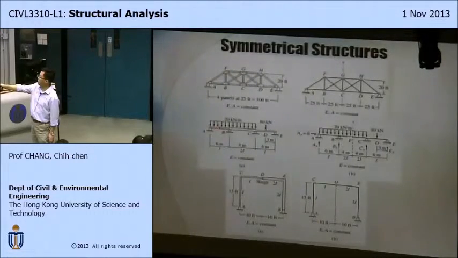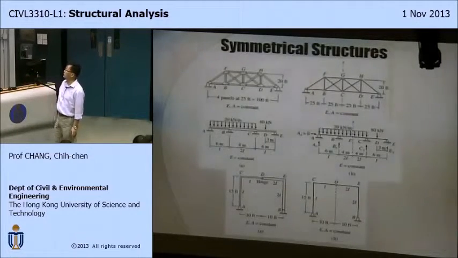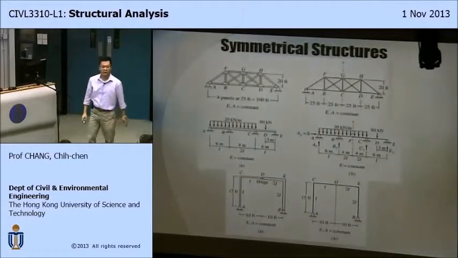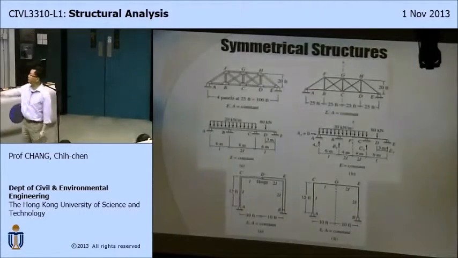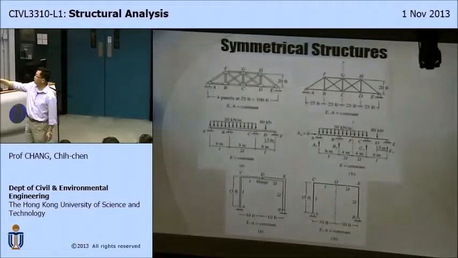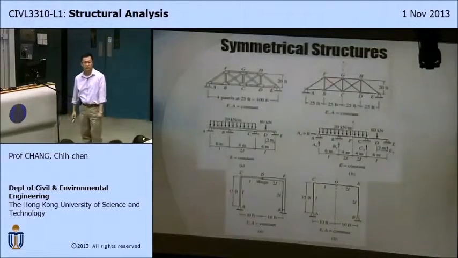The dimensions and the properties seem to be symmetrical with respect to the central axis. But there's a hinge support and a roller support there. So if you flip the structure 180 degrees, the support conditions are not the same. You have a hinge, you have a roller, flip. Now the roller becomes here, the hinge becomes there. So strictly speaking, this is not a symmetrical structure.